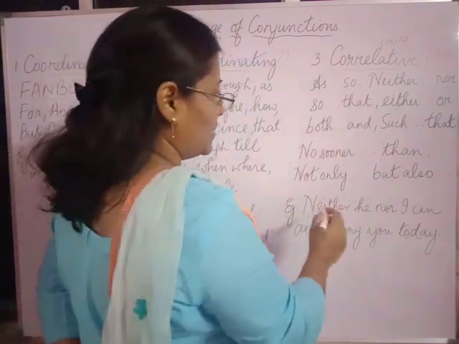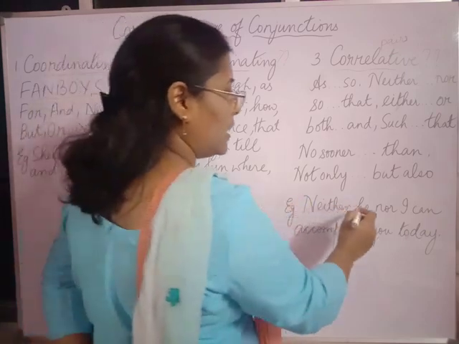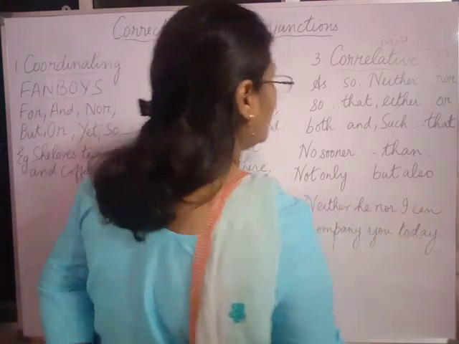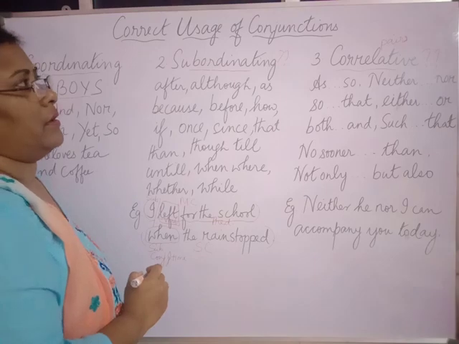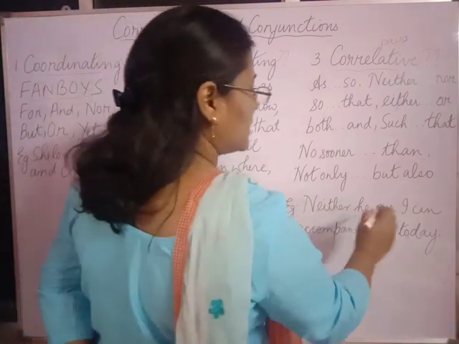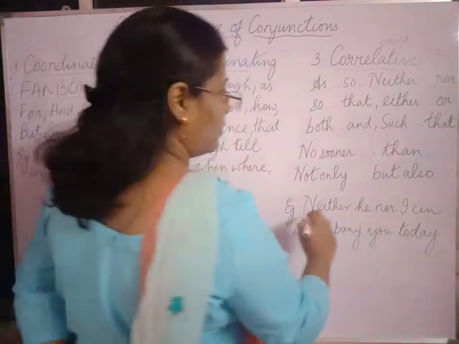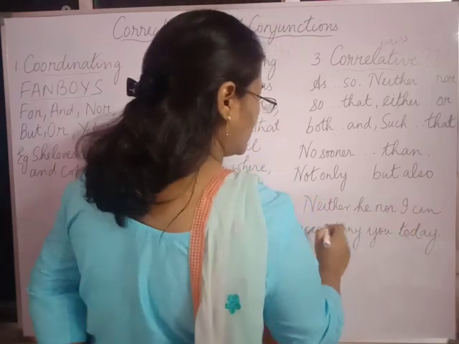Now take an example. Neither he nor I can accompany you today. So this is correlative. It's showing the relation between these two words.